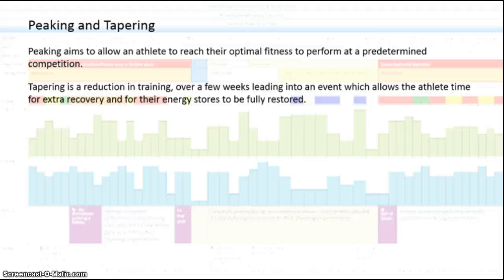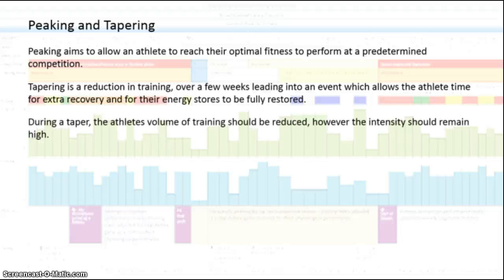At the end of a taper, an athlete should be in peak condition and should be raring to compete. During a taper, athletes' volume of training should be reduced. However, the intensity should remain high.